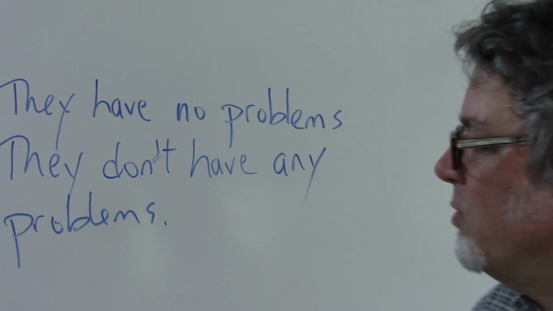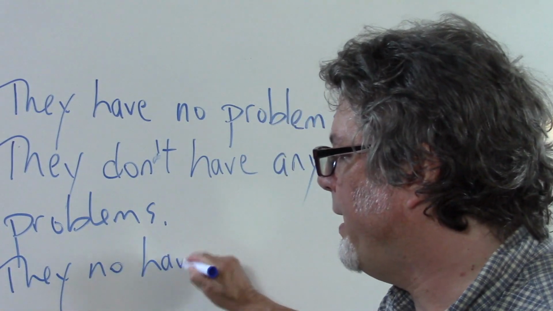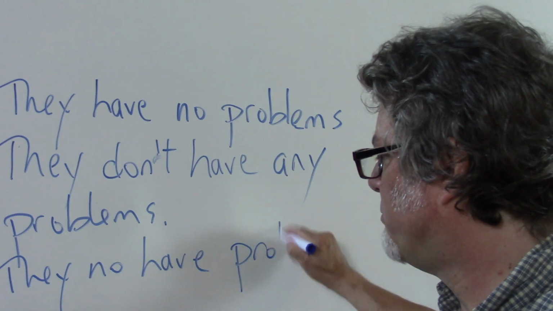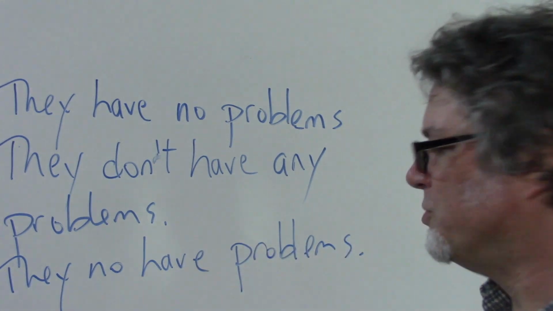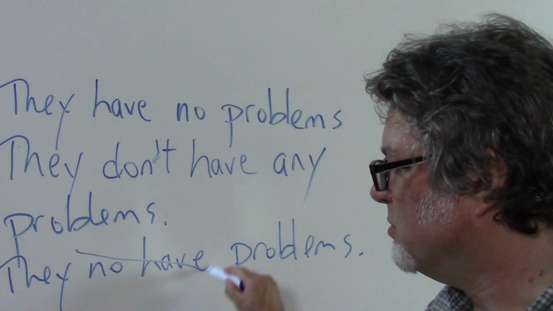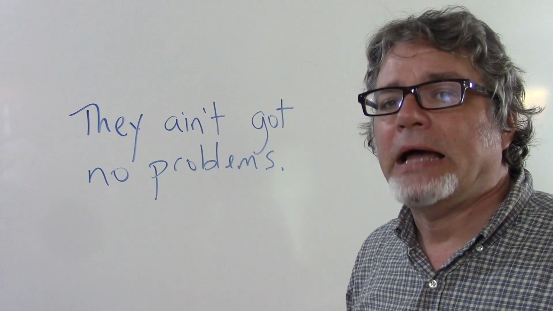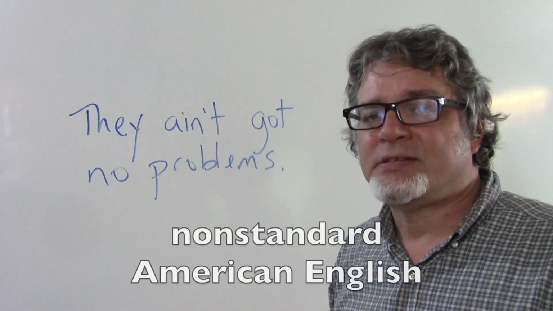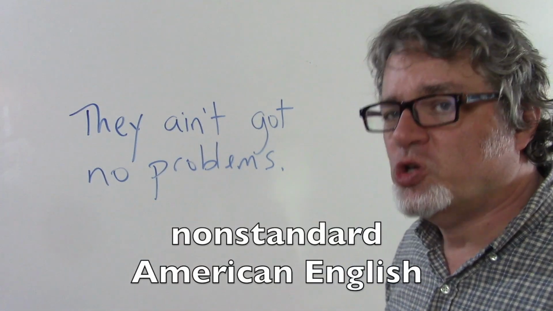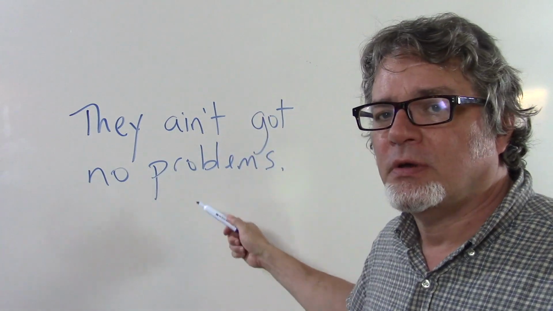A mistake would be they no have problems, which I have heard people say. So this would be absolutely incorrect. And keep in mind, in non-standard American English, you might hear someone say, they ain't got no problems.